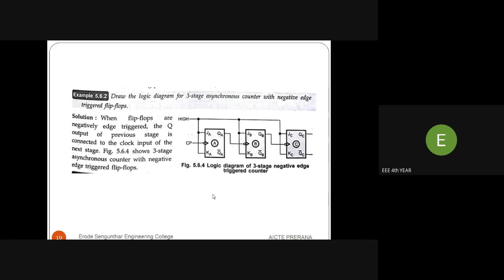So the first flip-flop input is given as high: J A and K A are equal to high. Now, all the flip-flop inputs are given as high.